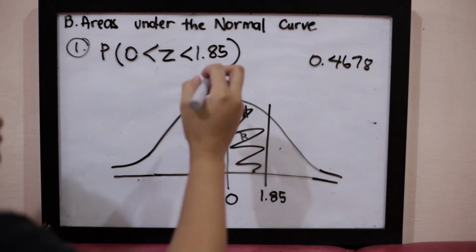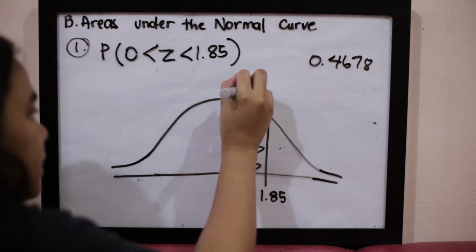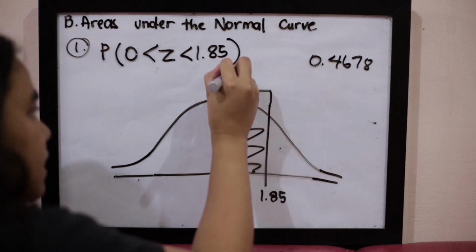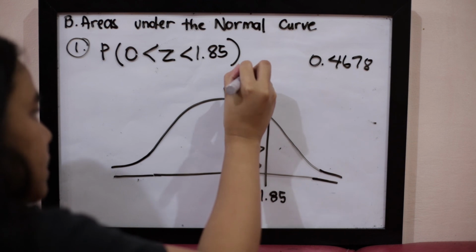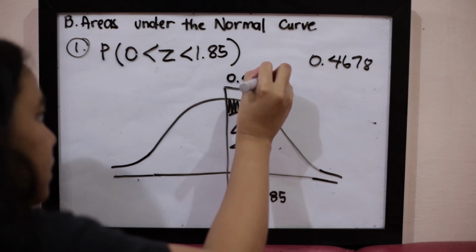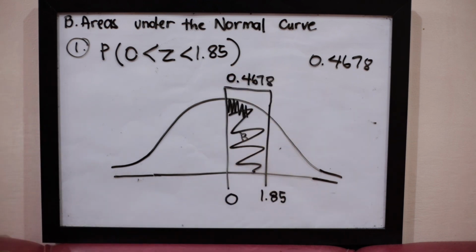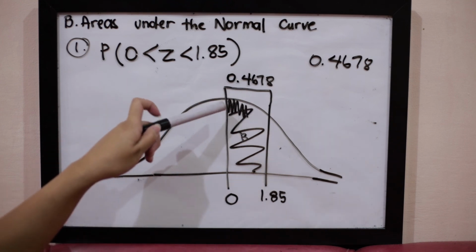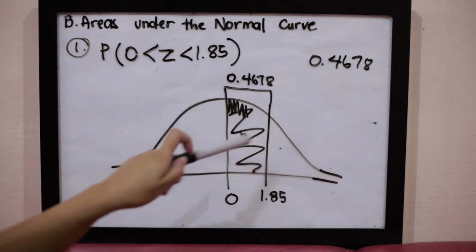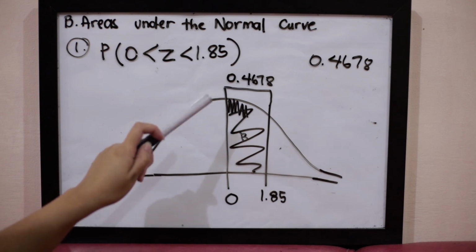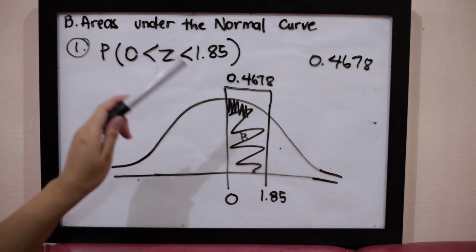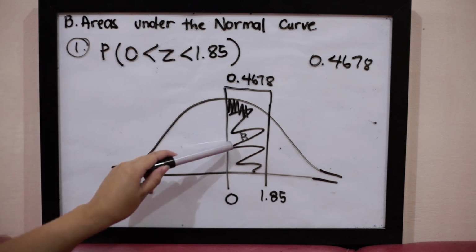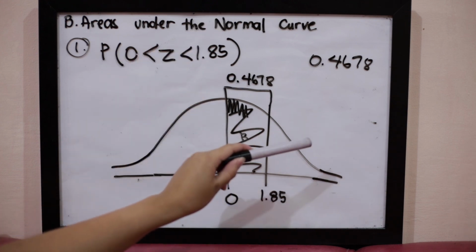And just to show you, you can use a straight line na ganyan. And this is 0.4678. Ngayon, hindi always na kung ano yung nire-reflect nung table, yun din yung shaded region nyo, ha? It's just that for this example, the shaded region is the same with the area na nire-reflect nung table.